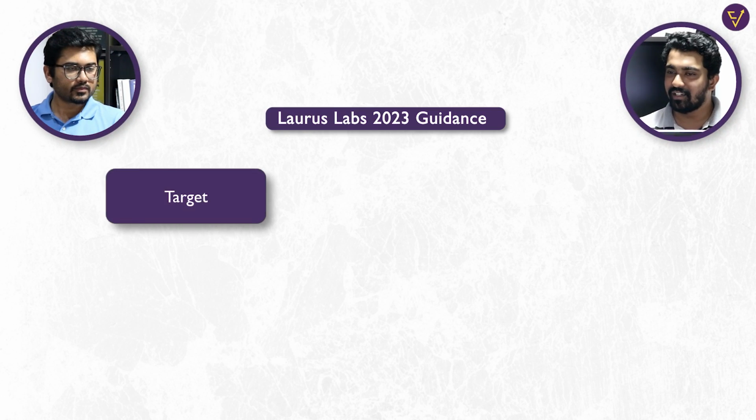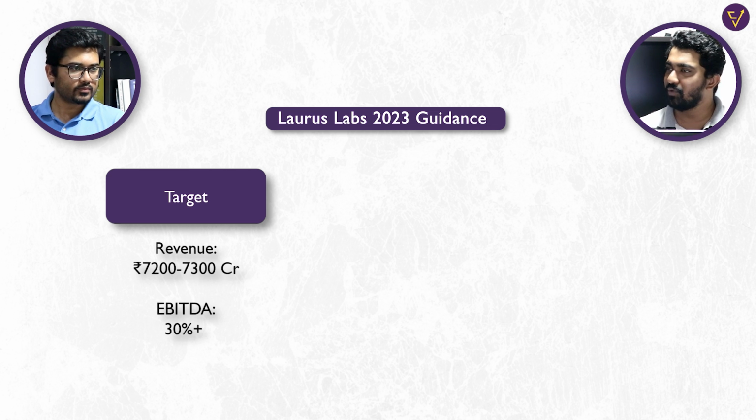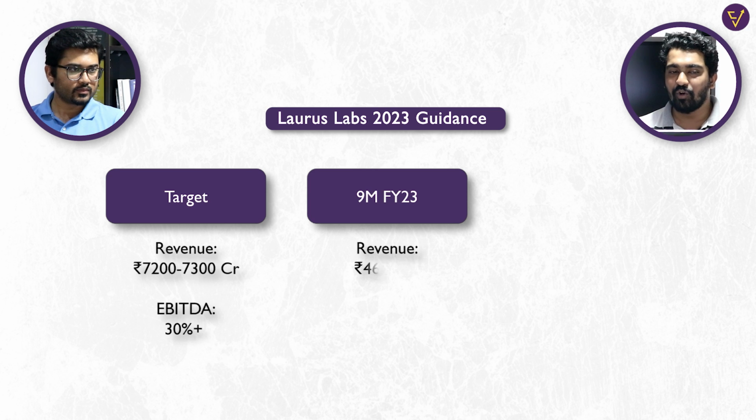The management had given a guidance 2 years ago that in FY23 we are going to have $1 billion of revenue. When they gave this target, the dollar was at about 72-73 rupees, so the target at that time was about 7,200 to 7,300 crores of revenue in FY23. Now, if you look at the 9 months revenue, it is about 4,600, 4,700 crores.